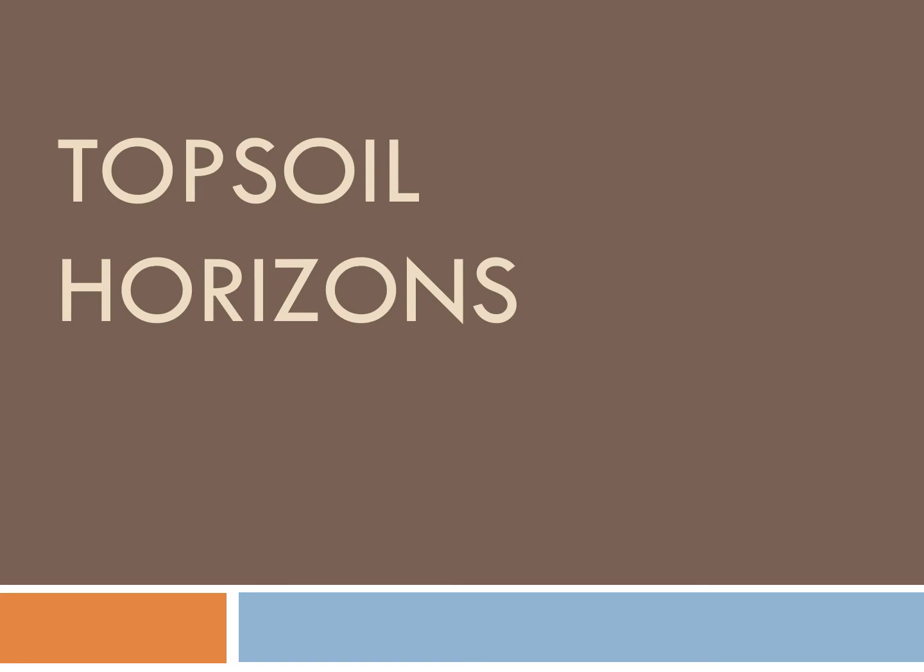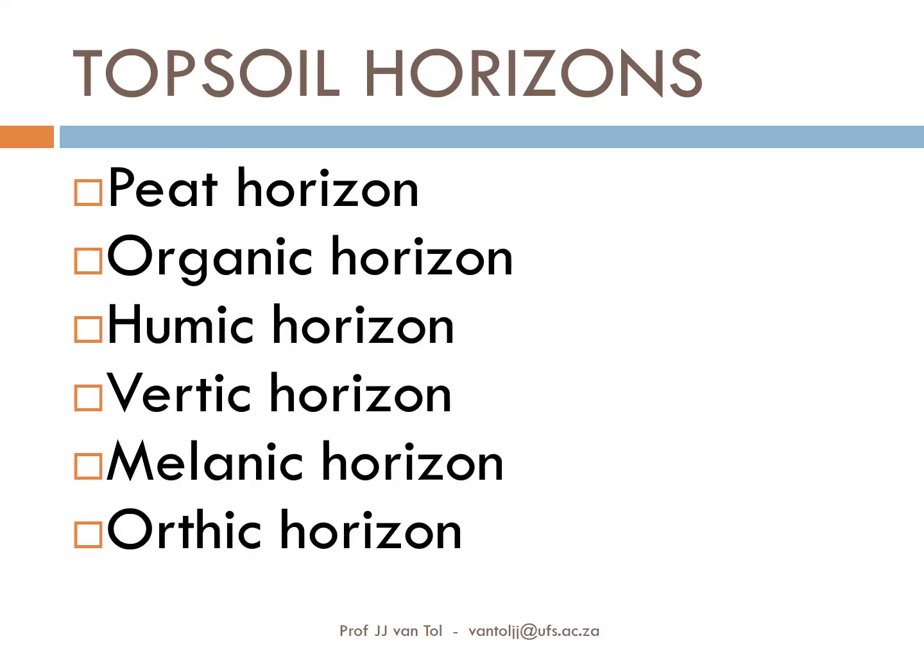So yes, we're going to start with the topsoil horizons. It's always a good place to start, from the top down. And in the classification system we've got six topsoil horizons: the peat horizon, organic horizon, humic horizon, vertic horizon, melanic horizon, and then the last one is the orthic horizon. And in the classification there's a hierarchy.